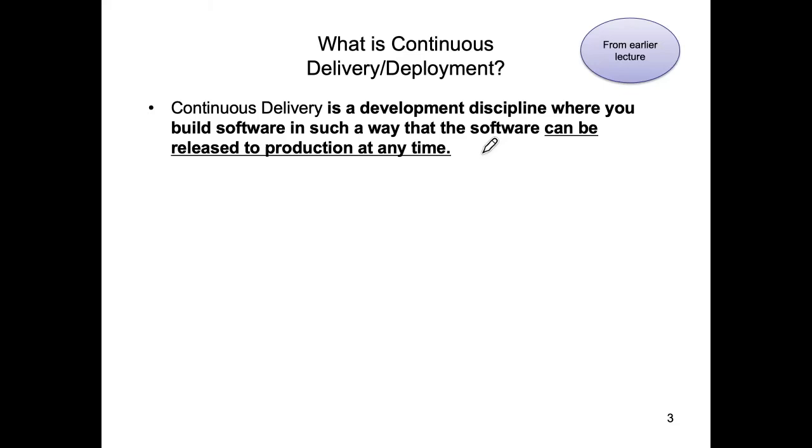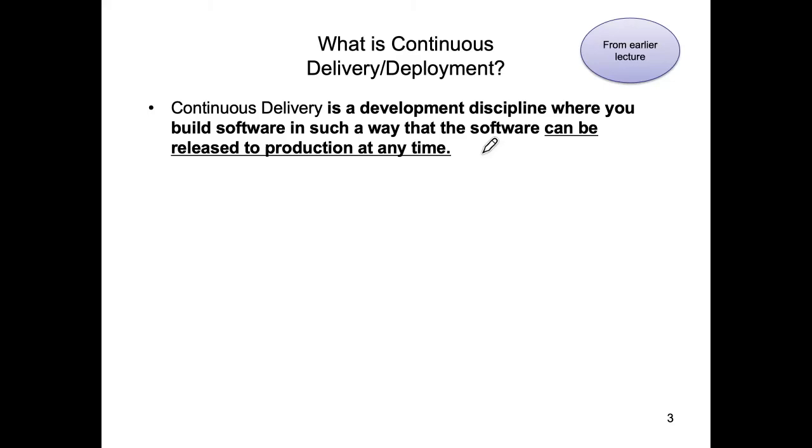Now, if my CI/CD pipeline only supports continuous delivery, then the way that pipeline is going to work is after it has successfully completed the test stage, it will automatically deploy the application to the staging environment, but it will not deploy it to the production environment.